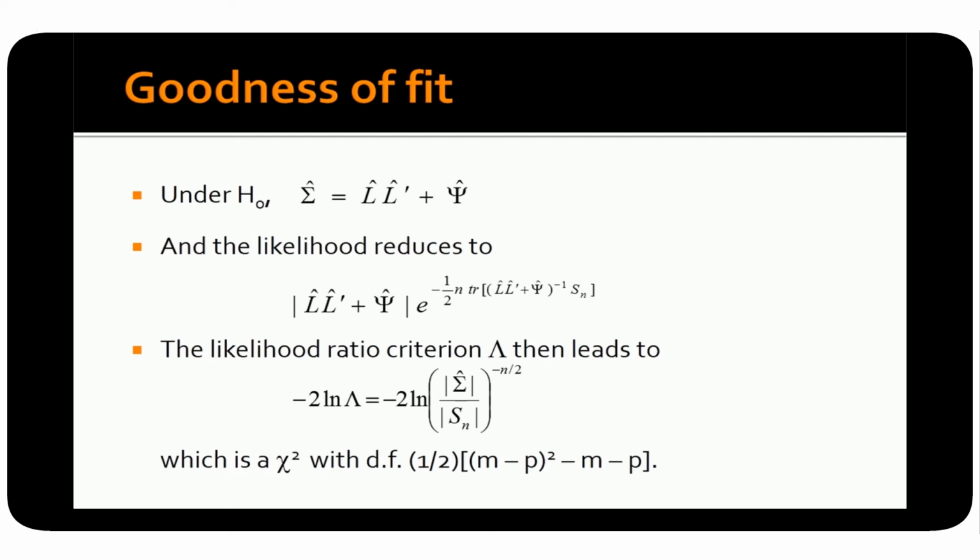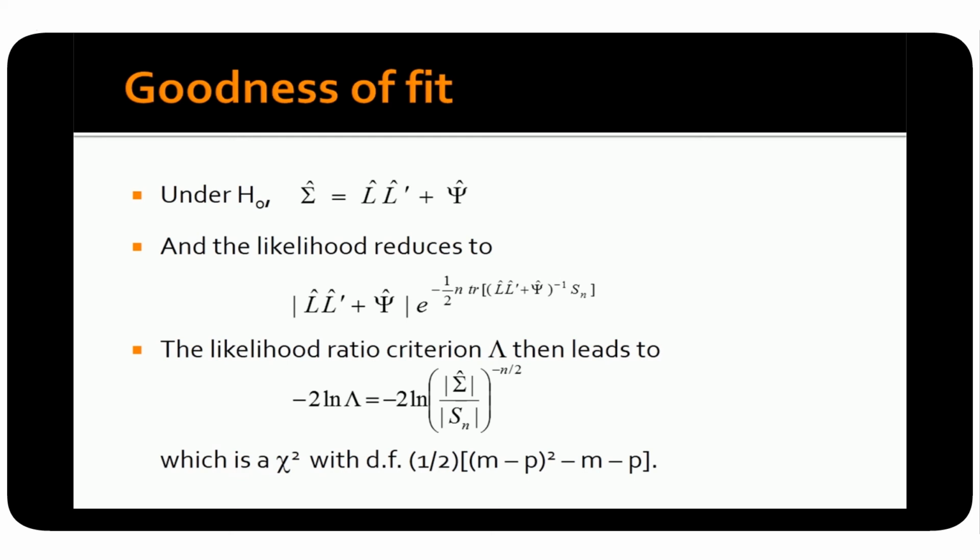But mind you, we have a restriction that L prime psi inverse L has to be a diagonal matrix, and that really means that the off-diagonal elements are 0, which puts the number of restrictions there as minus half p into p minus 1. So, in totality we have the number of parameters globally minus the number of parameters under H naught, which turns out to be half m minus p squared minus m minus p, and then we can do a chi-square test for this to judge whether the fit is good enough.